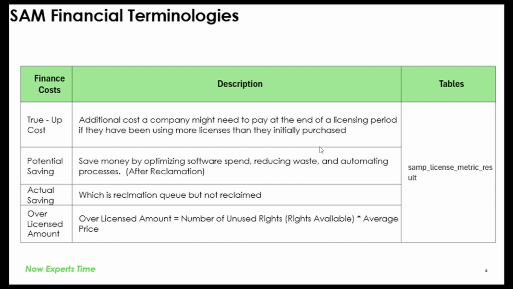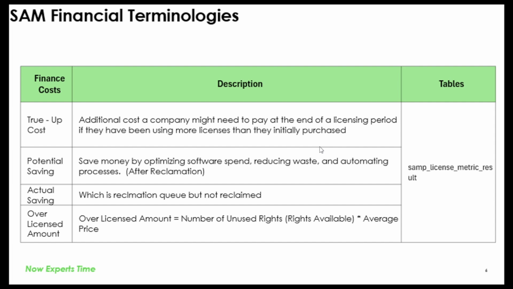If I'm on 3 months leave, I'm unable to use the software on my business laptop, but the business is paying the cost for the 3 month duration. How do we identify that? Actual saving is going to help. So this item is very important here.